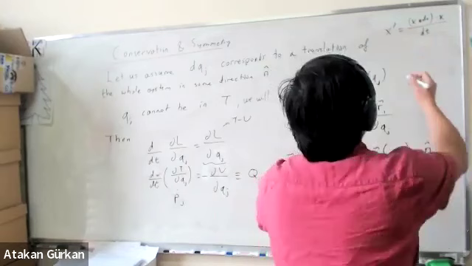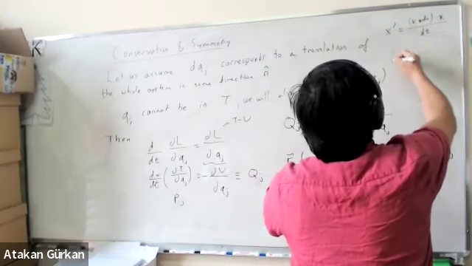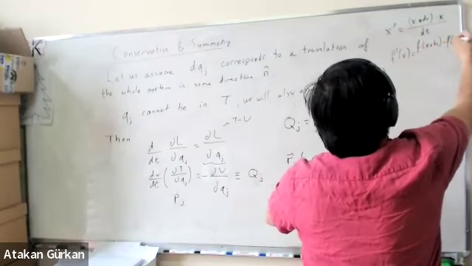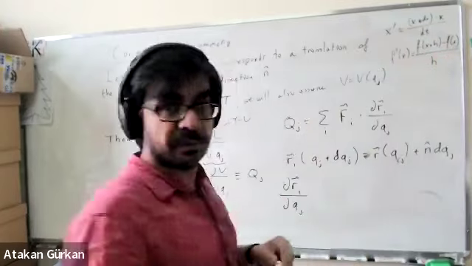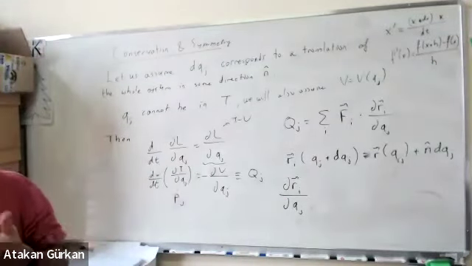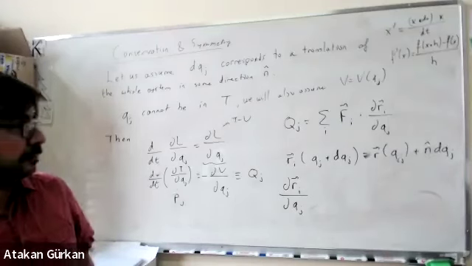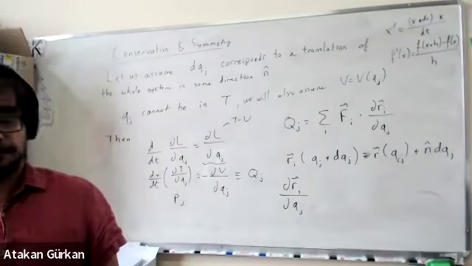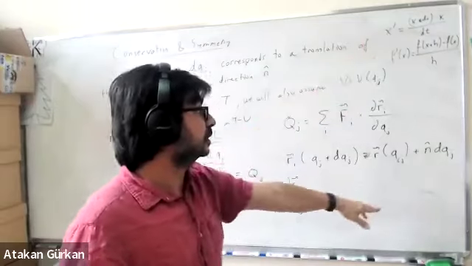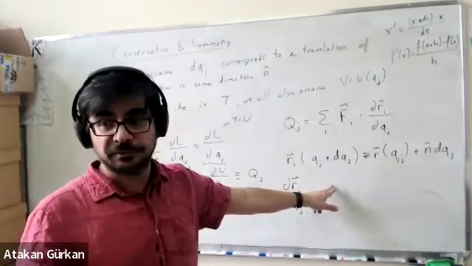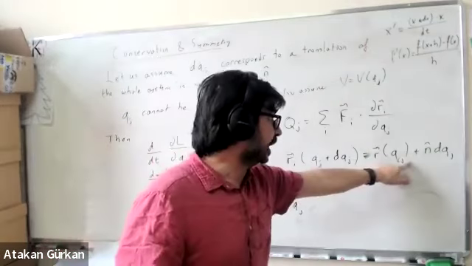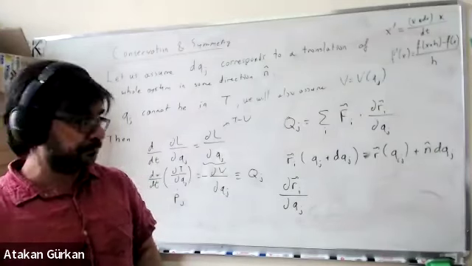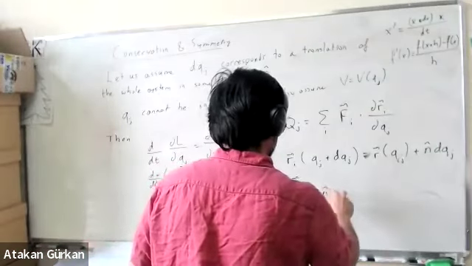Or we write this as f prime of x is f of x plus h minus f of x divided by h. Perhaps you have seen this, for example, in computational physics. This is the definition of the derivative. This is going to be n hat. You move this to the other side, you get the numerator, you move this to the denominator, you get the derivative. So this minus that divided by dqj should be the derivative of r with respect to qj. And so this is n hat by the definition of the derivative.